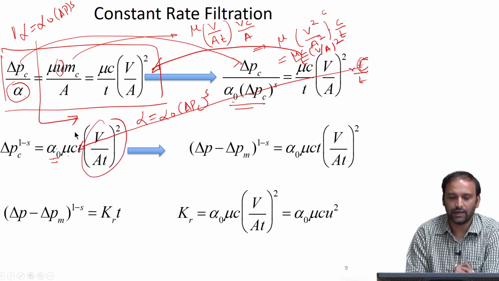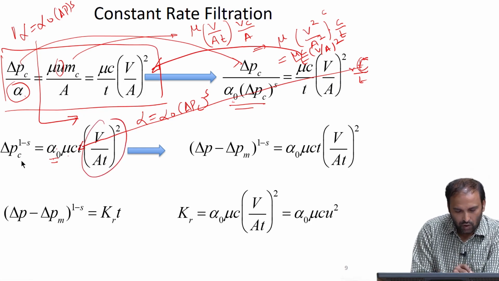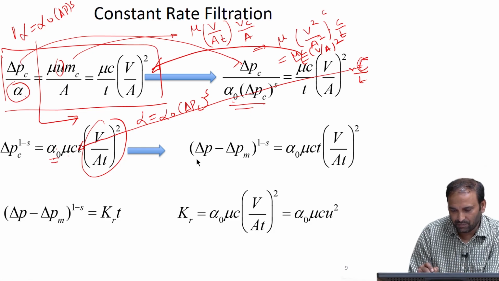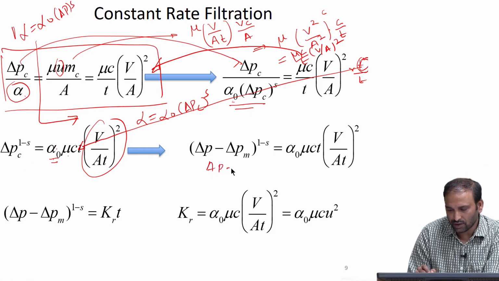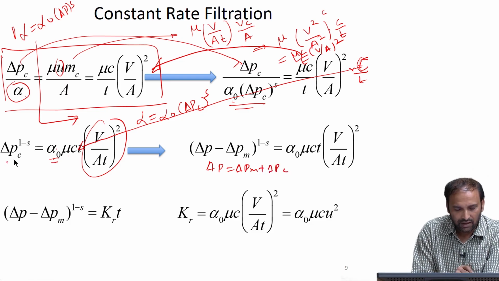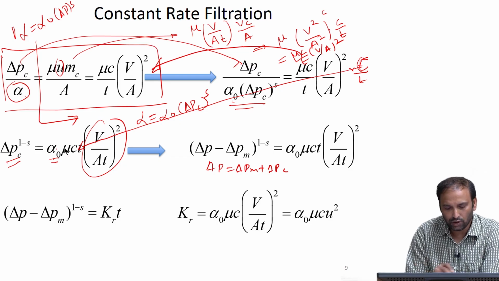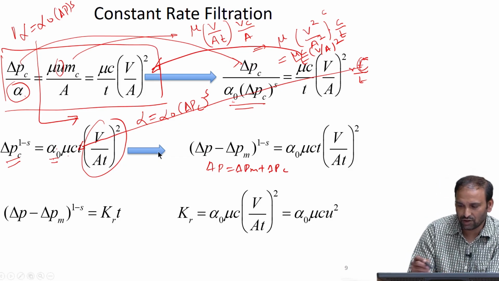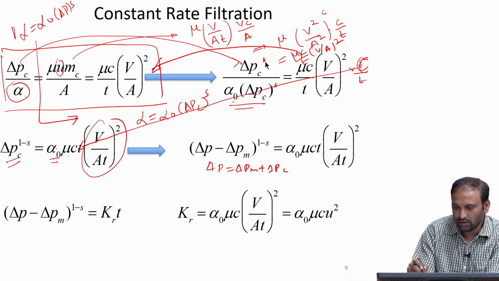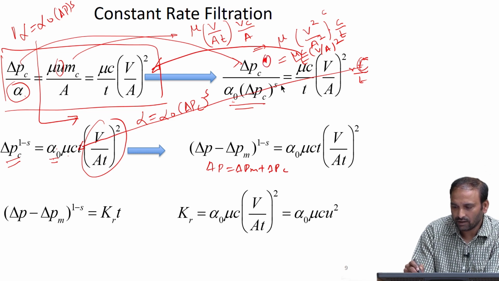Because delta p is equal to delta p m plus delta p c, instead of delta p c I can substitute delta p minus delta p m, to the power of 1 minus s, because I have the power 1 here and the power s here.